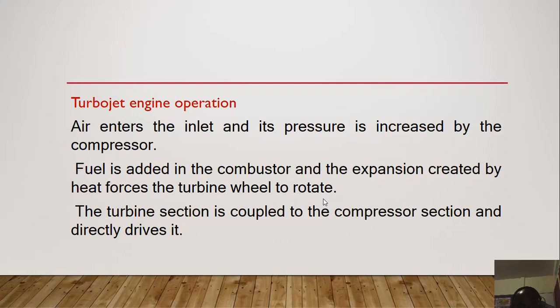Air enters the inlet and its pressure is increased by the compressor while reducing its velocity. Then fuel is added in the combustor and expansion created by the heat forces the turbine wheel to rotate. The turbine section is coupled to the compressor section and directly drives it.